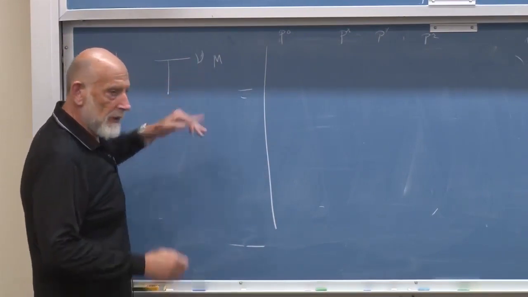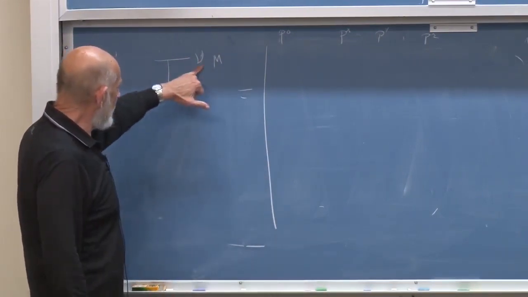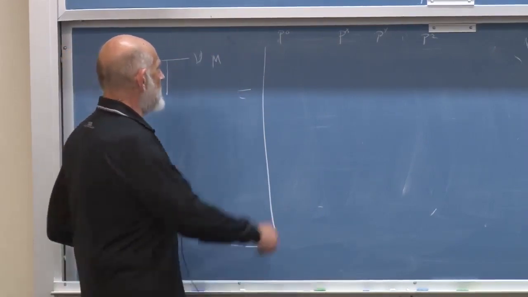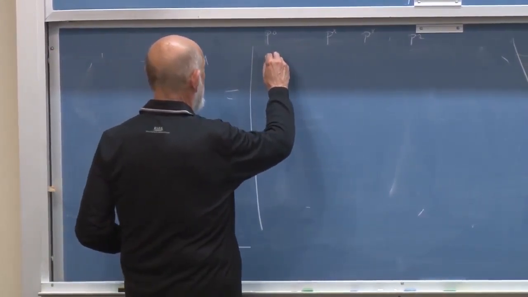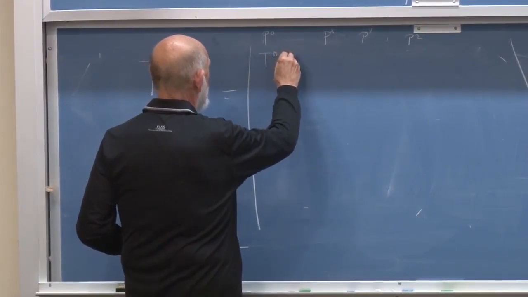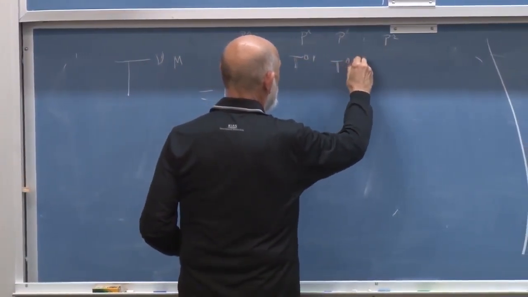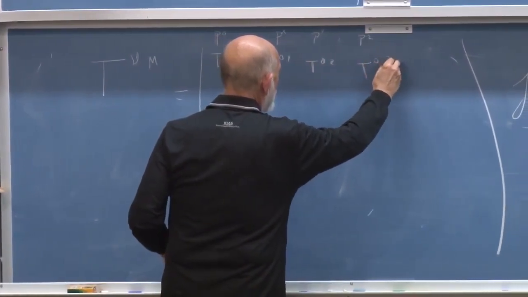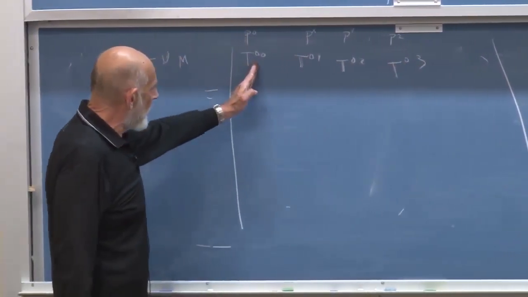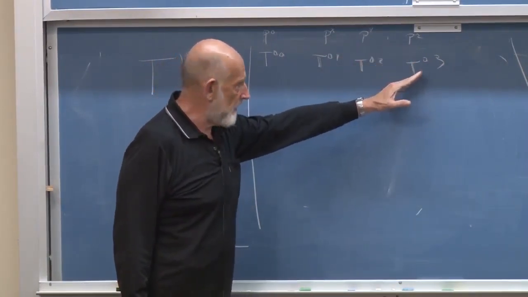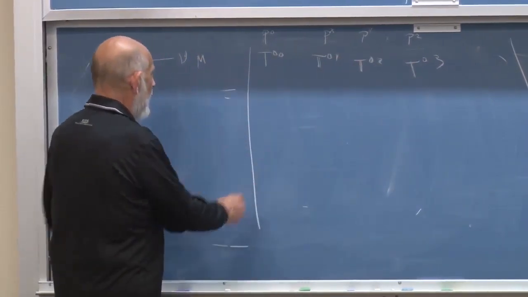When nu is spatial, it means a flux. When nu is time-like, it means a density. So the first row would be T naught naught, T naught 1, T naught 2, T naught 3. These would be the density of energy, the density of Px, the density of Py, and the density of Pz. Then we would come down a row.